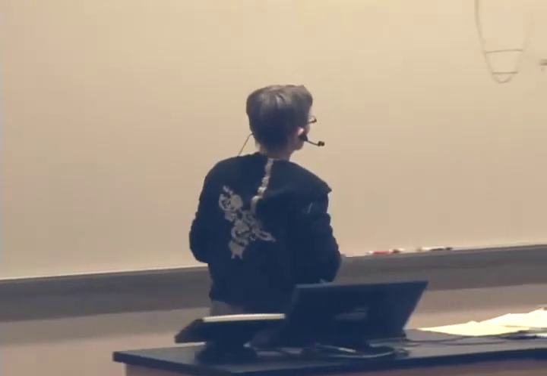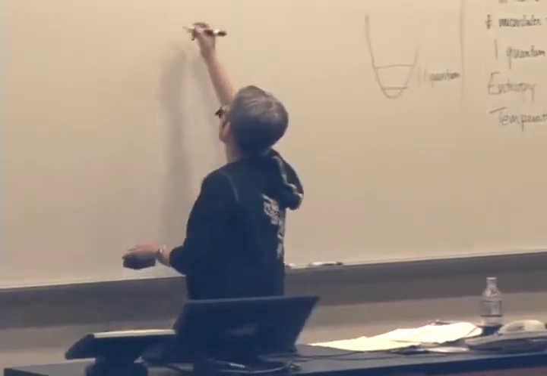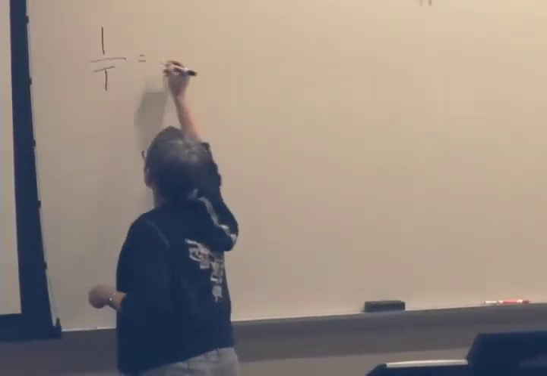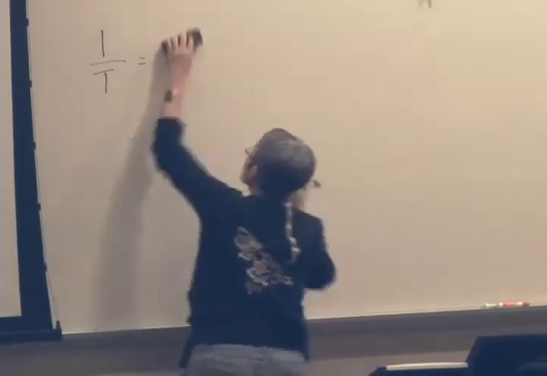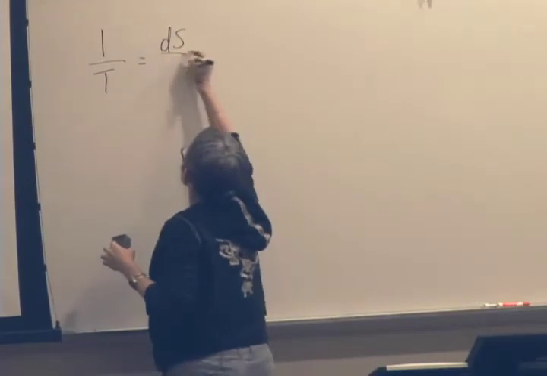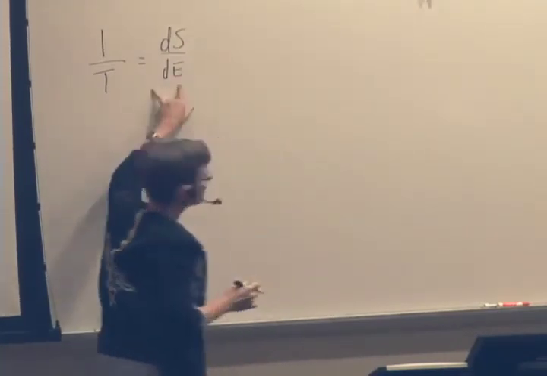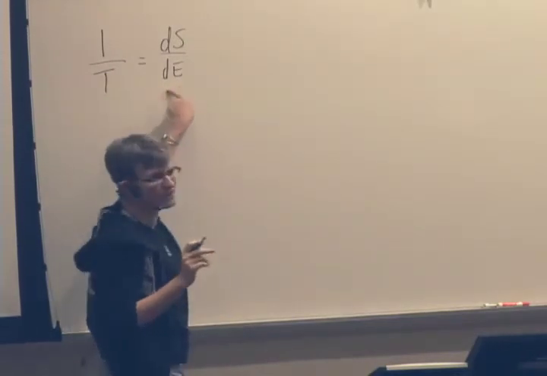So we have this relationship between temperature and entropy: 1 over temperature is equal to the rate of change of entropy with energy. Now, we know that this isn't really a continuous function.